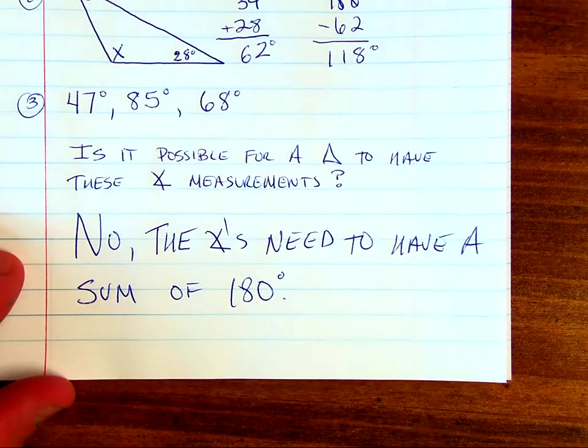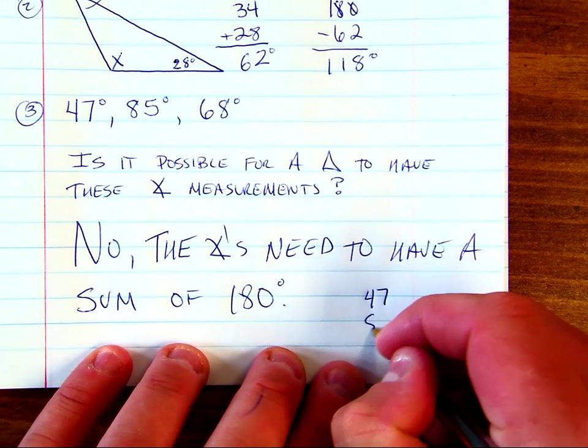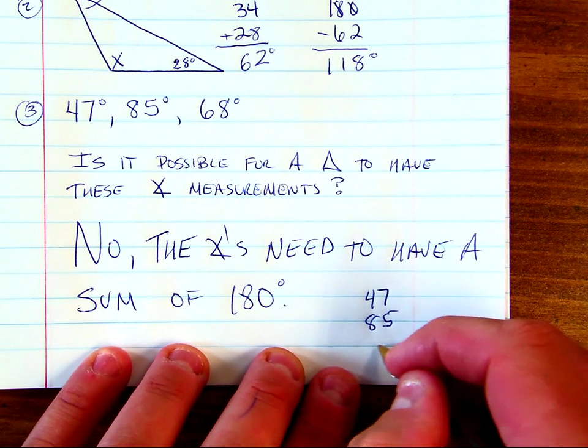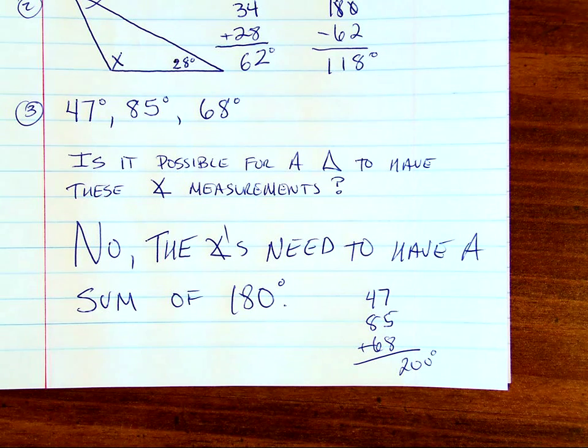And we just found out that 47, 85, and 68 add up to 200 degrees. So there's no way. It's not a triangle. I don't even know what it is. Some crazy looking shape. Are there any questions about this?